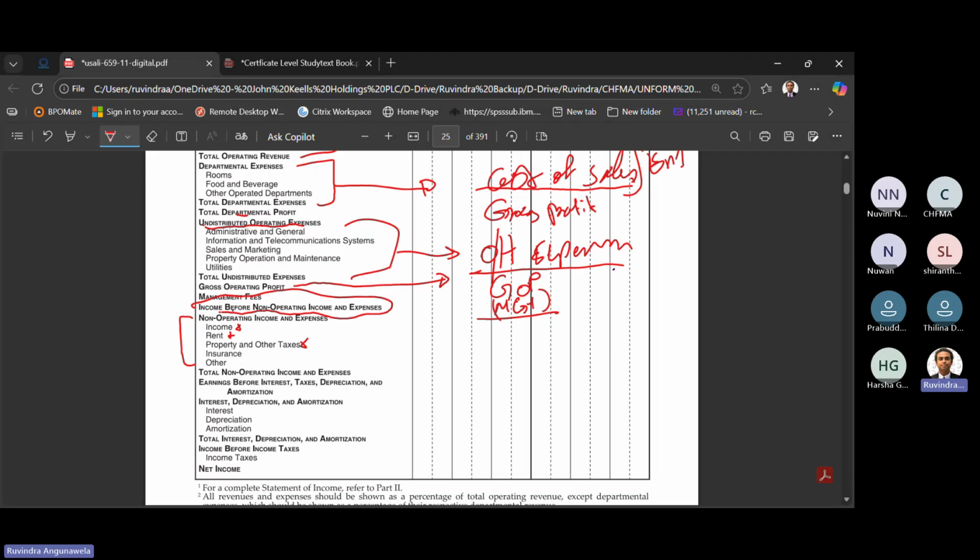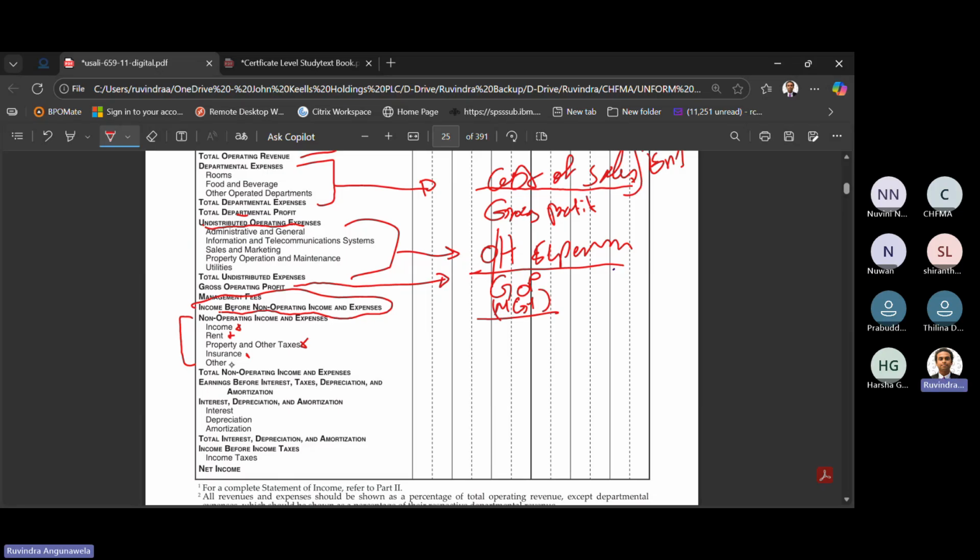So expenses like that are captured under non-operating expenses. Insurance: whether you operate the hotel or not, for the building and the furniture and all those things you have, you need to insure these assets, and therefore you incur an insurance premium cost. That insurance premium cost is a non-operational expense, which is categorized under this.